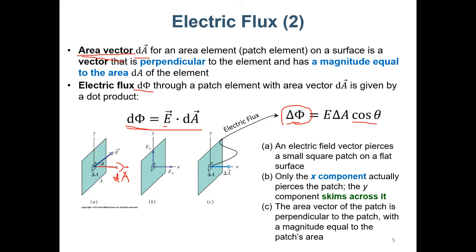Only the x component of E actually pierces the patch; the y component skims across it. So you can imagine E cosine theta is the x component of the E field. The area vector is perpendicular to the patch, with a magnitude equal to the patch area.